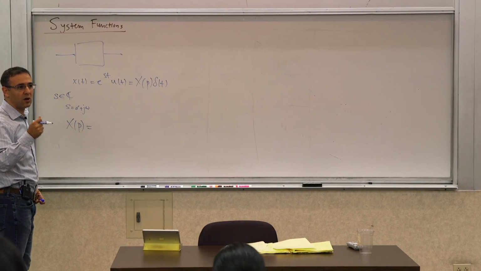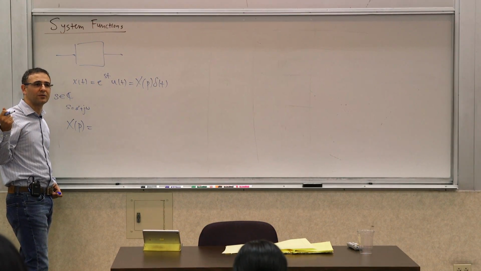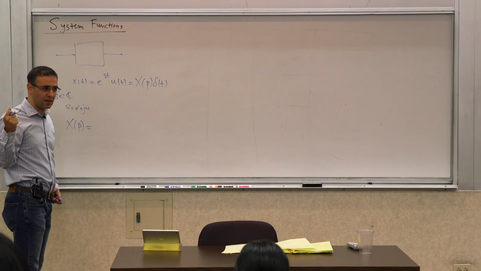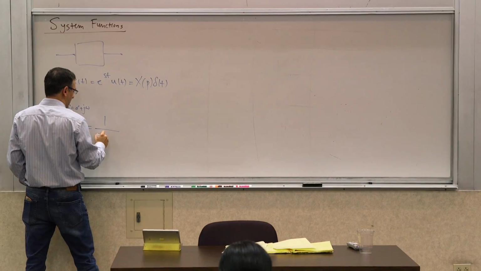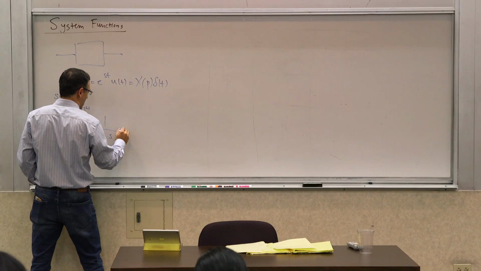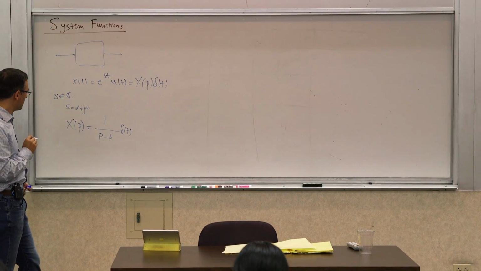You remember e to the negative rt u of t. What generated e to the negative rt u of t off of a delta? 1 over p plus r. So this would become what? 1 over p minus s. Exactly. Right? Delta of t. So that's the input that would produce that.